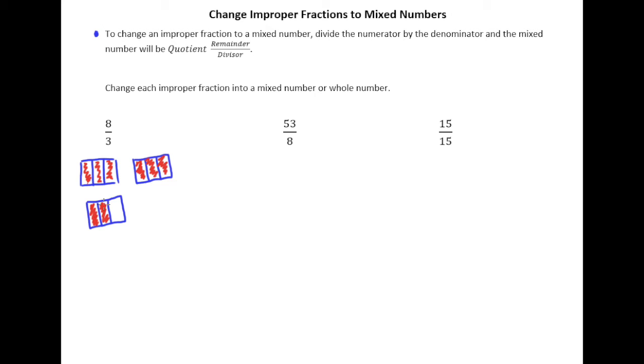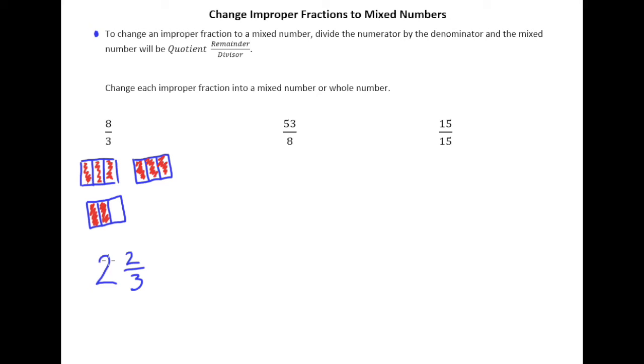So this is 8/3, but I think we could all agree that I've got 2 full blocks here that are completely colored in. So it's not a big stretch to say I have 2 wholes and an additional 2/3 of a whole. And so right there's our mixed number: 8/3 written as a mixed number is 2 and 2/3.